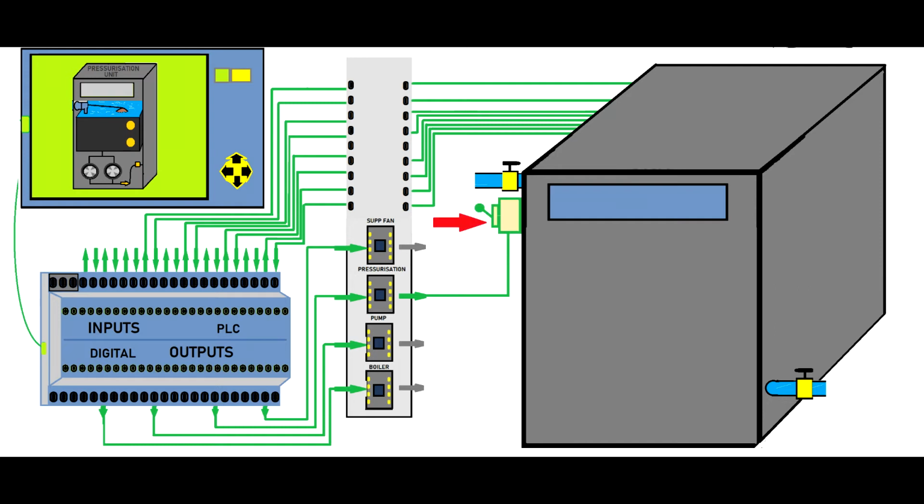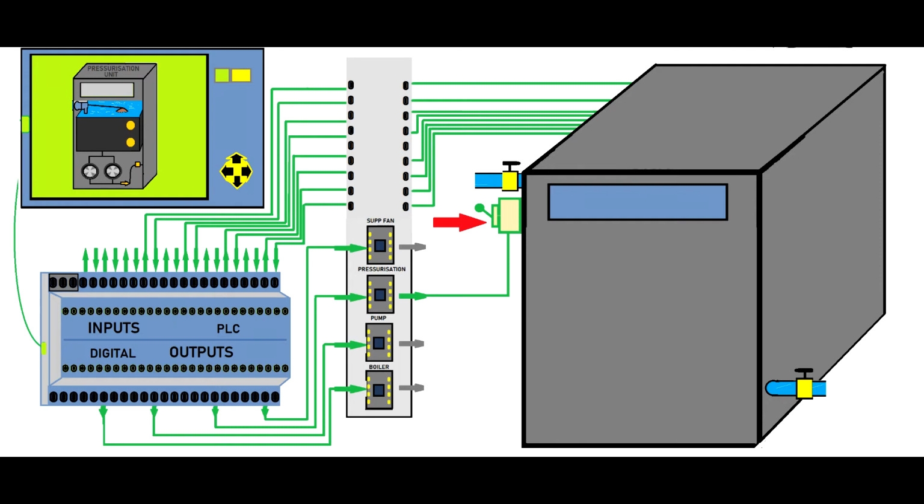Now, some people like to enable the pressurization unit, fans and boilers all through contactors that receive their inputs from the programmable logic control. Sometimes they directly wire in a power supply and only control with inputs and outputs, either analog or digital. But this time, this pressurization unit is controlled by the PLC.